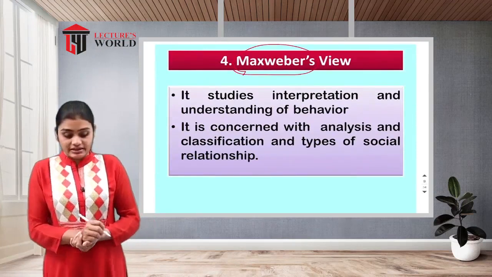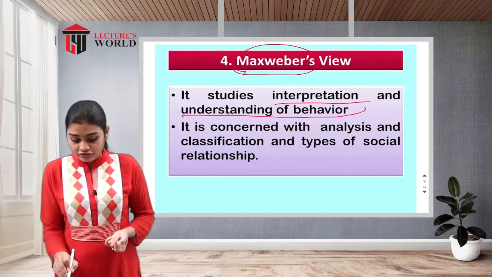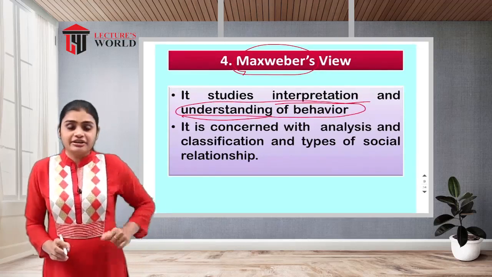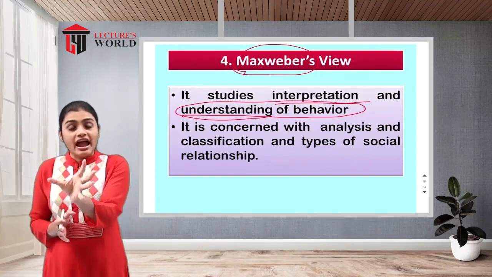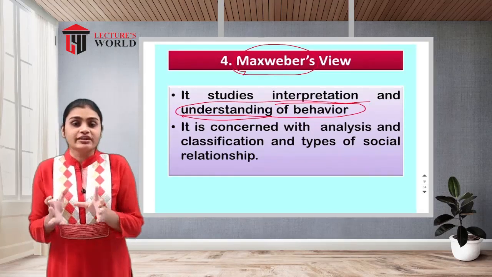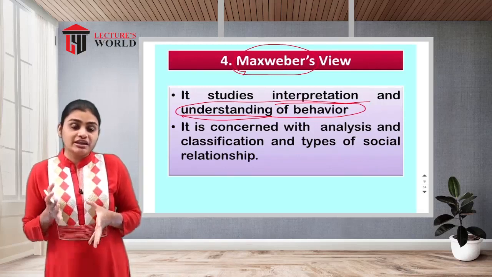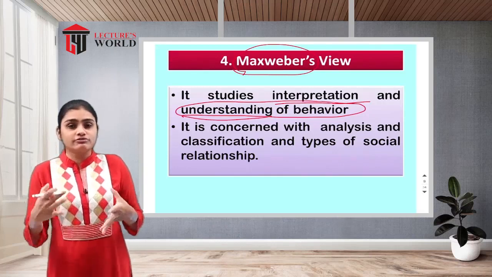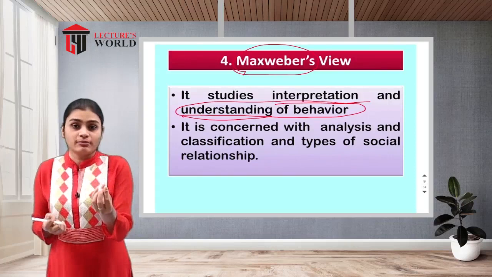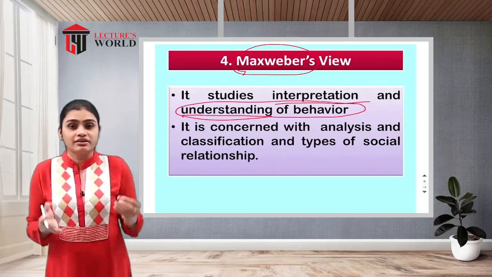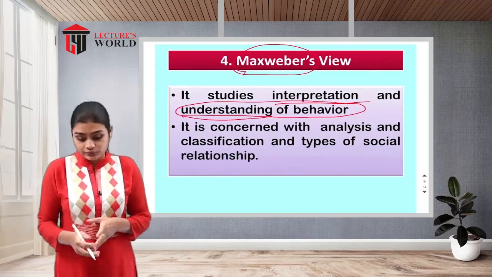As per Max Weber, it studies interpretation and understanding of behavior. Interpretation means the analysis of why particular human beings exhibit that particular behavior. So that interpretation they have done, and understanding of that behavior, that means the meaning they have given to that behavior, why exactly the individuals are behaving in such a manner. So that is as per Max Weber's view.